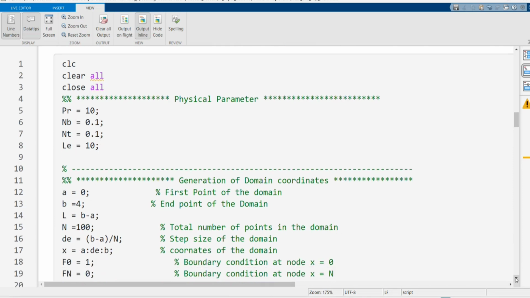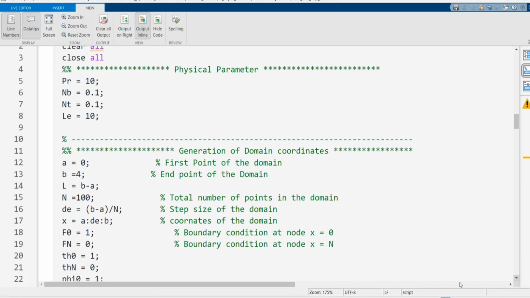Then here is the MATLAB code. I just explained this to you. There are actually two codes, two functions. One is a main code, and another is a function file, which deals with the tridiagonal matrix algorithm or LU decomposition. You define parameters.